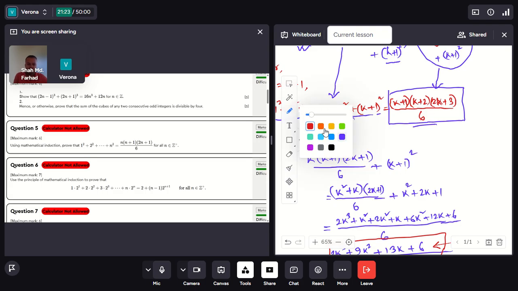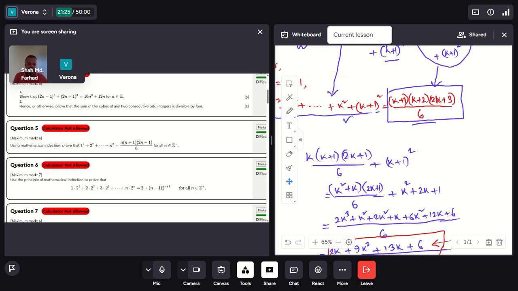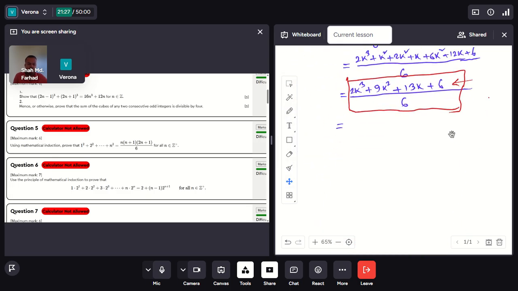So one factor will be k plus 1, right? So if we go for factorization, then we will get k plus 1, and we have to multiply with 2k square, right?